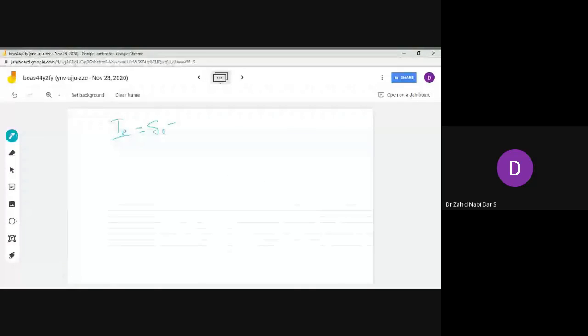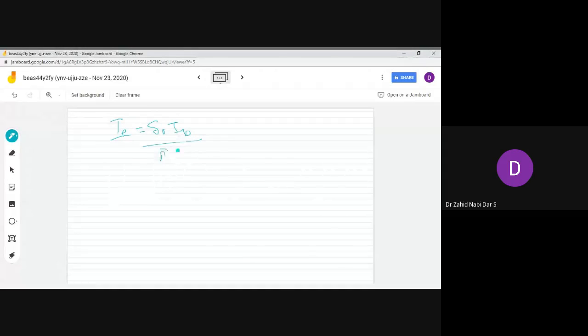Yes, IB. SR into IB by pi p. So these values we have. This is SR IB by pi p. The SR value is given.